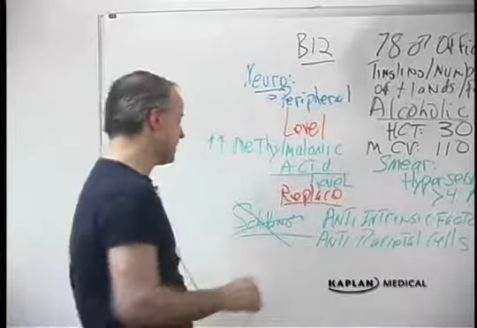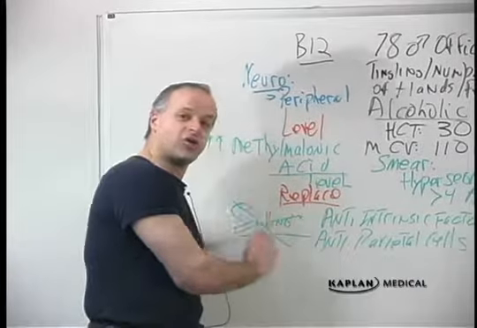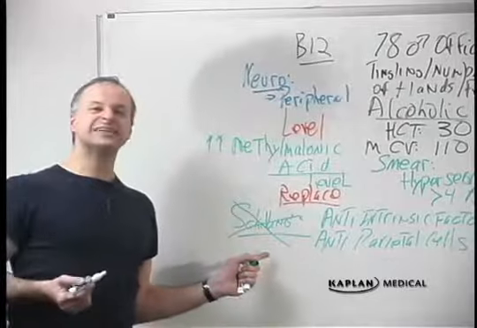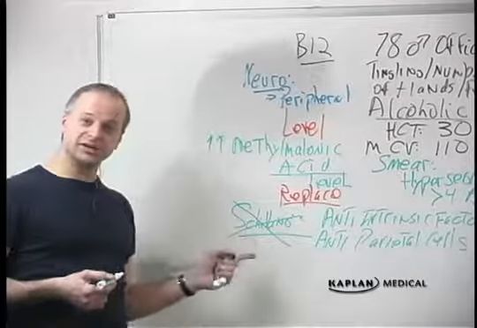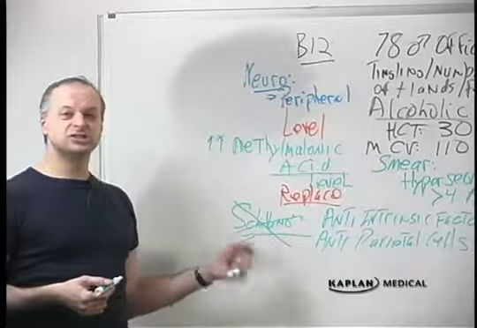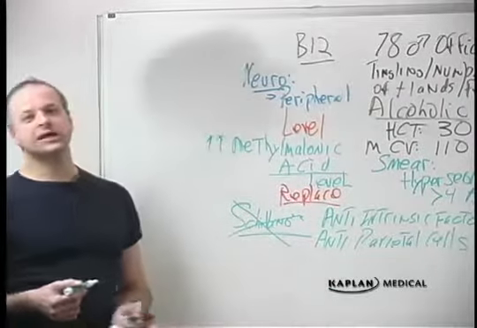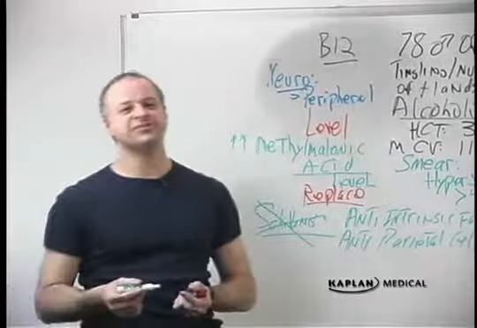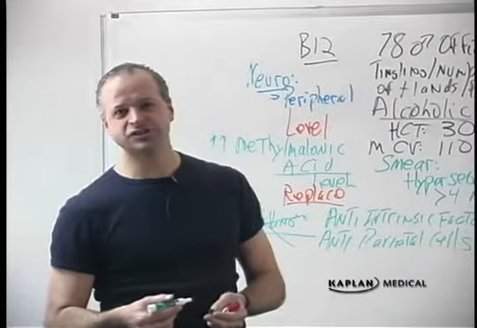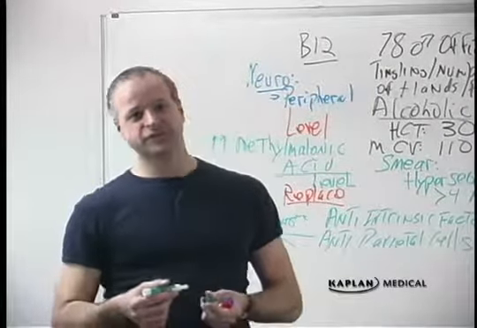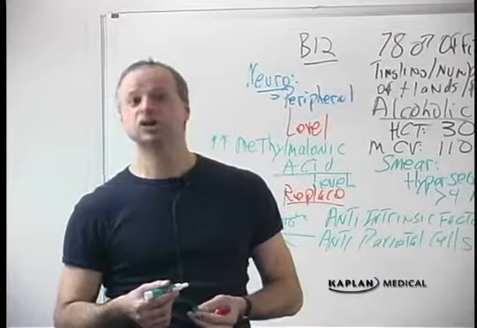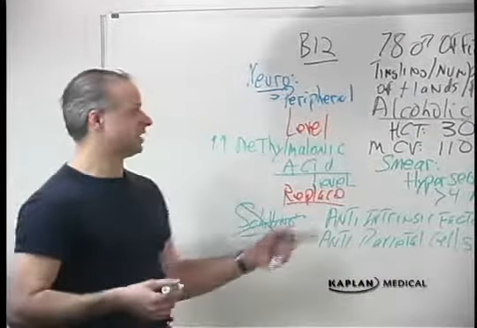Schilling's test would be to isolate the rare cause of pernicious anemia that's not due to this autoimmune phenomenon, that is due to Diphyllobothrium latum, or is due to another form of deficiency such as pancreatic insufficiency or bacterial overgrowth. Each of those is less than 1% of causes. Most is simple old pernicious anemia.